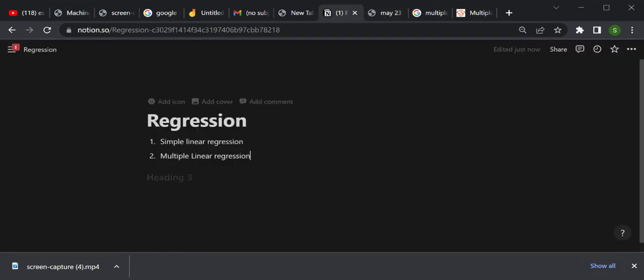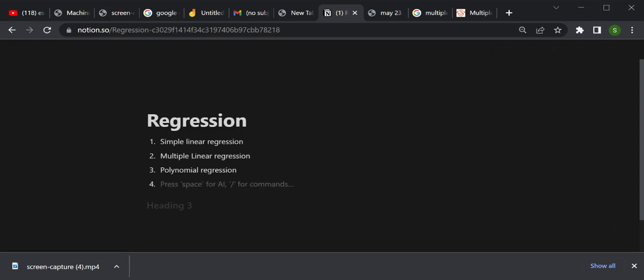So now we have discussed three concepts. Up till now we have seen three types of regression: simple linear regression, multiple linear regression, and polynomial linear regression.